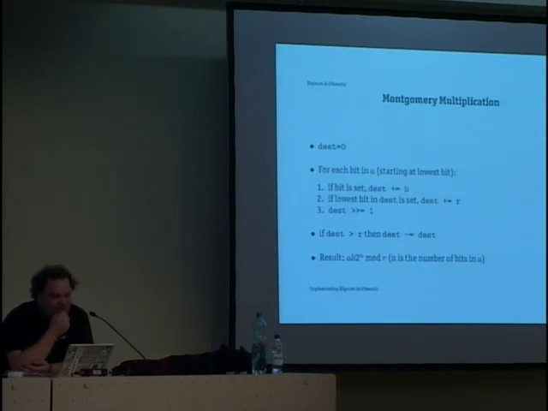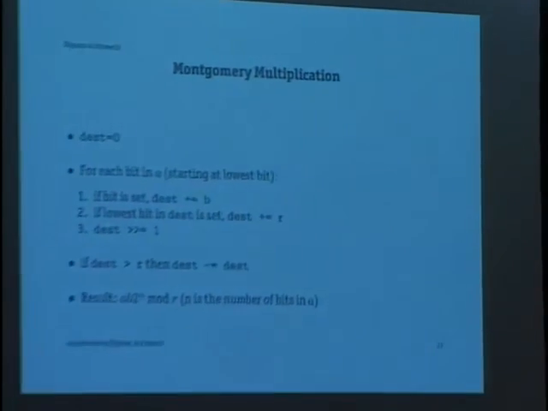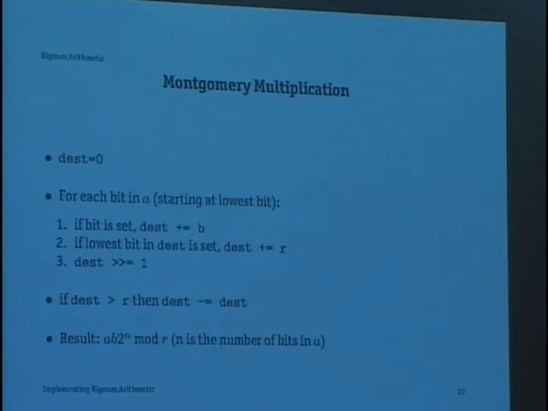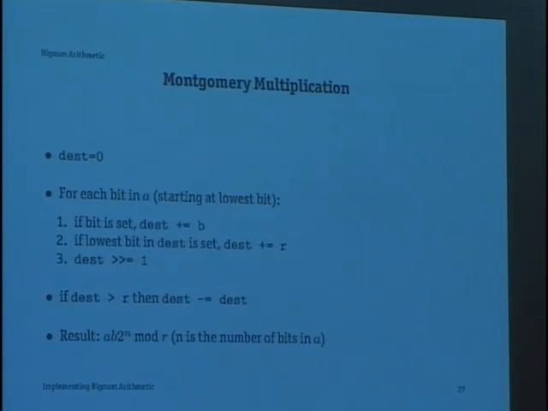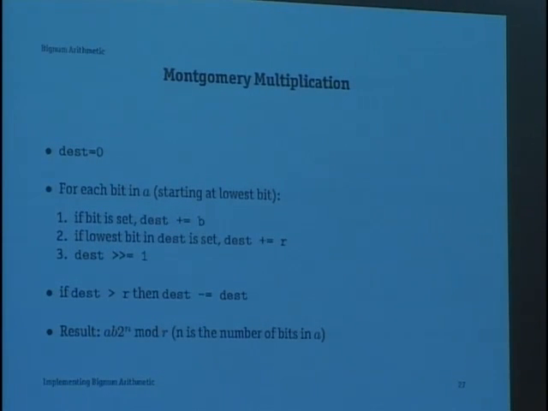the Montgomery multiplication. The algorithm is surprisingly simple if you look at it. It doesn't calculate a times b modulo r, but it gives you a times b divided by 2 to the power of something modulo r, and it does that really fast.